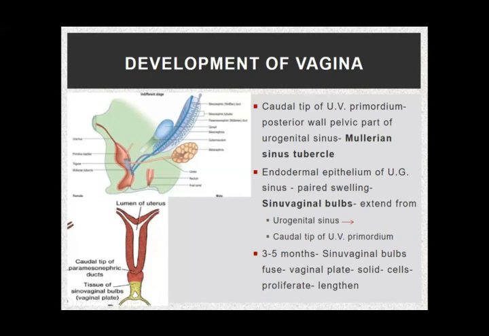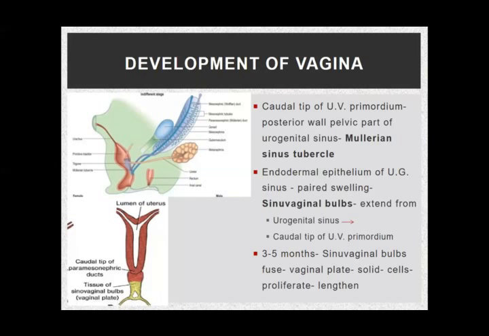This raises a small impression or a small elevation inside the urogenital sinus. This elevation is called the Mullerian sinus tubercle. Mullerian because it is produced by the Mullerian duct, which is the paramesonephric duct.